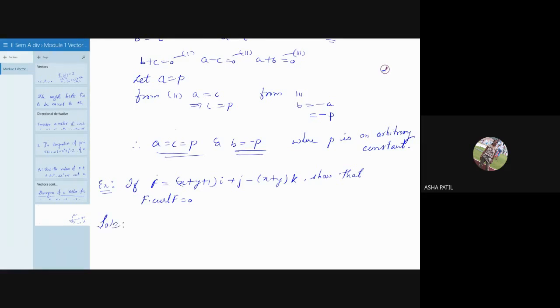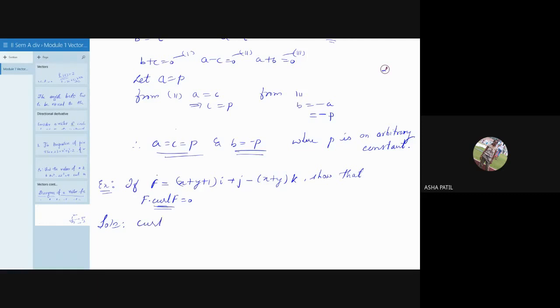F is given to us, so we have to find first curl f, then take the dot product of the two vectors. F is a vector. You know curl f will result into another vector. So f dot curl f, we can see that it is equal to 0.